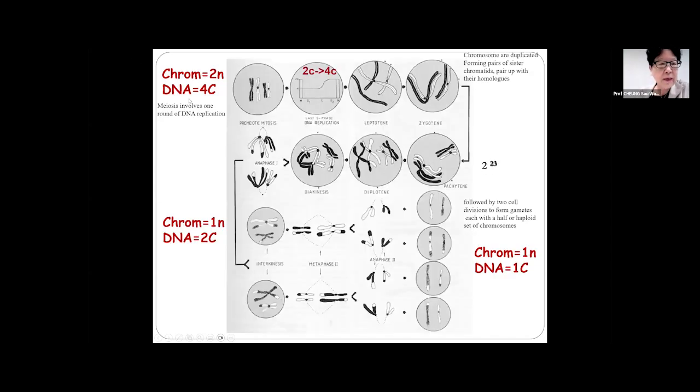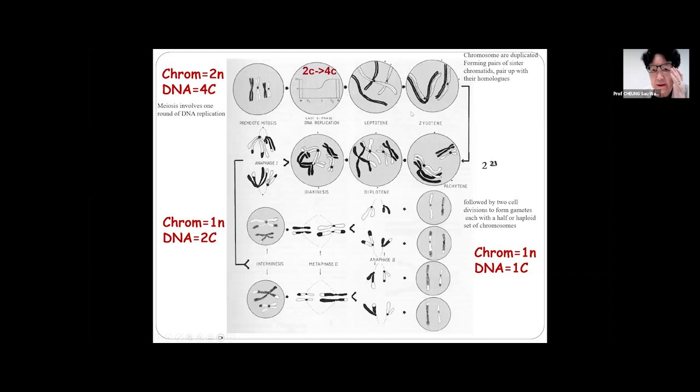At the start of meiosis, there is usually 1 round of DNA duplication or DNA replication. After the replication, they enter meiosis 1, then the chromosomes are duplicated, forming pairs of sister chromatids.